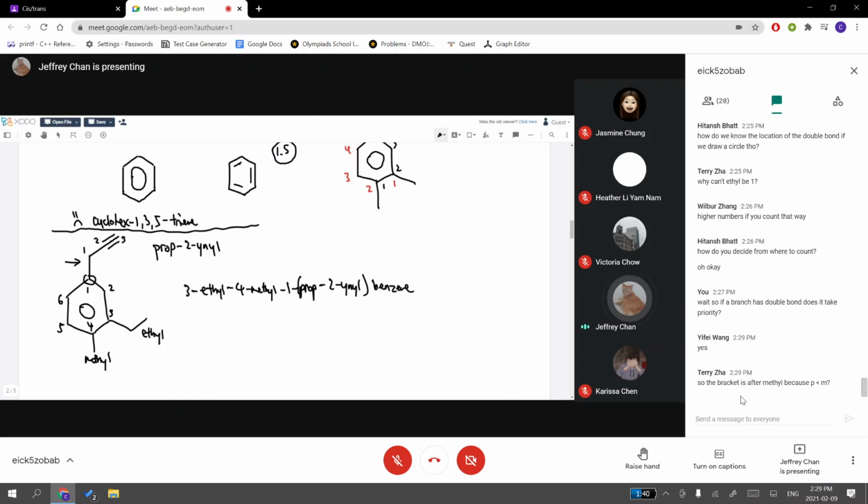So the bracket is after methyl because what? Well, propyl it's after methyl because P after M. The bracket, it's because it's getting more complex. We now have a number within the branch. We have to indicate stuff on the branch. So that's why there's a bracket.